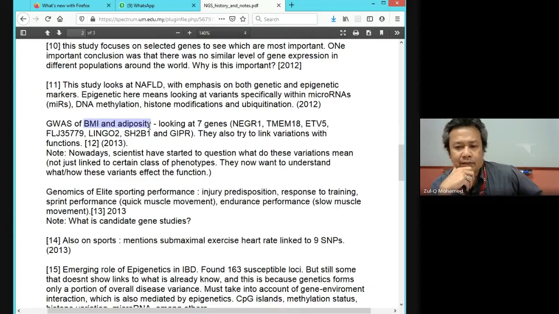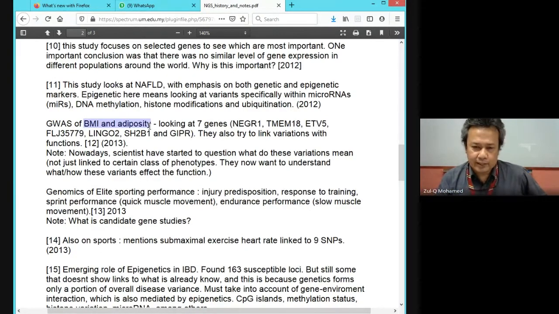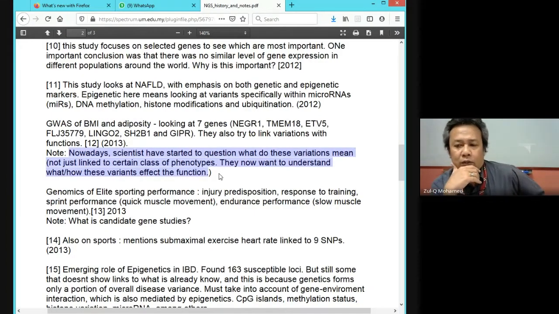Nowadays scientists have started to question what these variations mean. So you're not just saying, oh, this particular variant is linked to that. They want to know now, if it is linked, why?